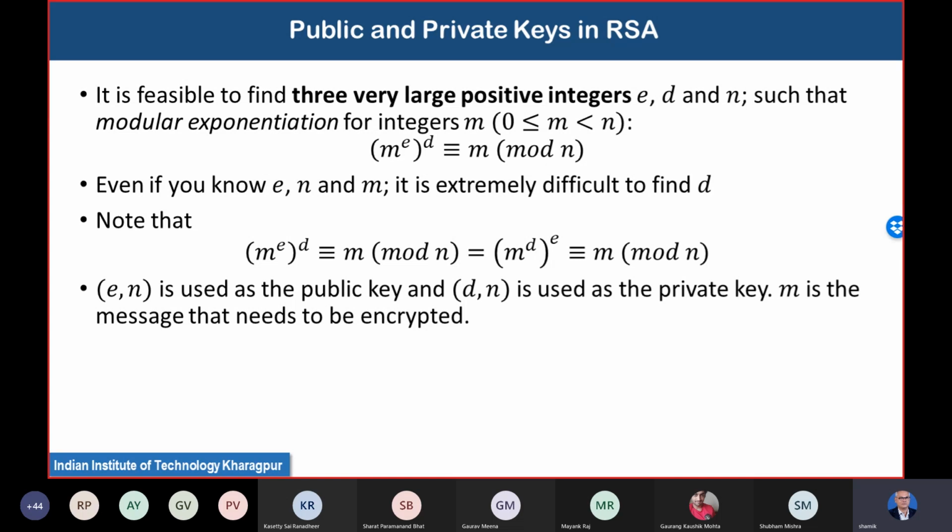So any message encrypted with the public key can be decrypted with the private key. Any message encrypted with the private key can be decrypted with the public key. That is the crux of it. That is what we need to understand. So M is the message that needs to be encrypted.